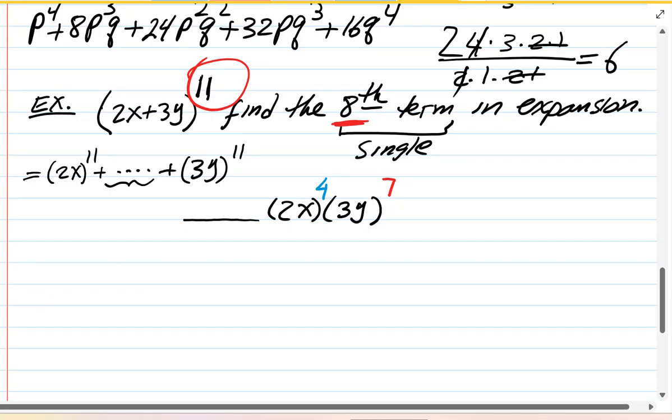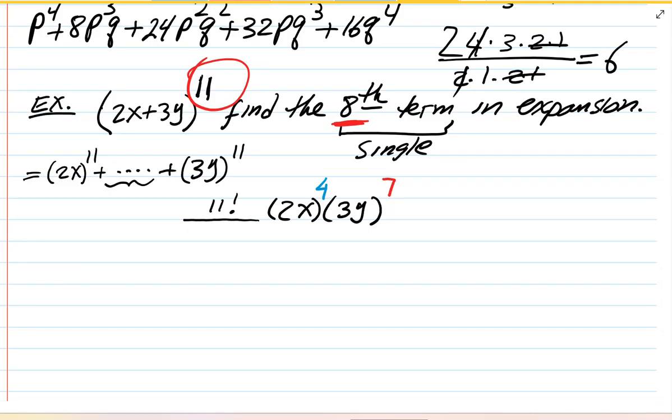Here n is 11, so 11 factorial. And the denominator, remember how I got my denominators? Copy and paste, and make sure you factorial it. And there you have it. This would be the 8th term in the expansion.